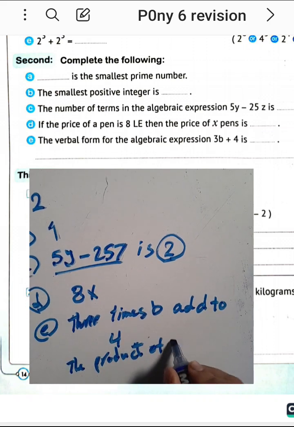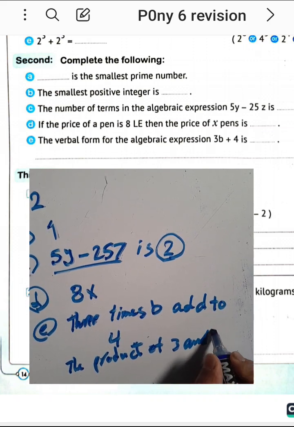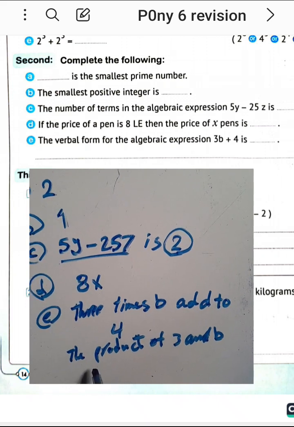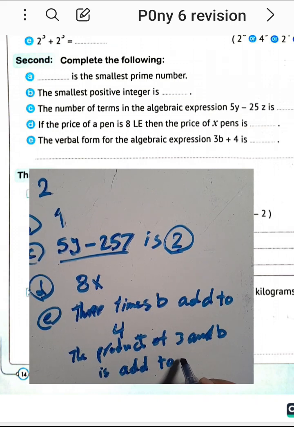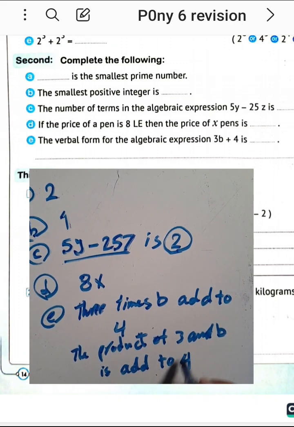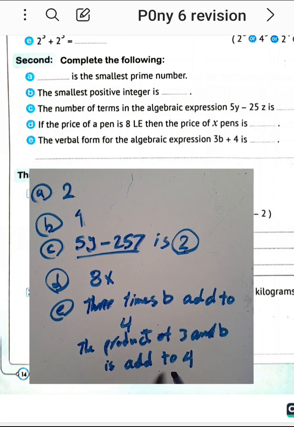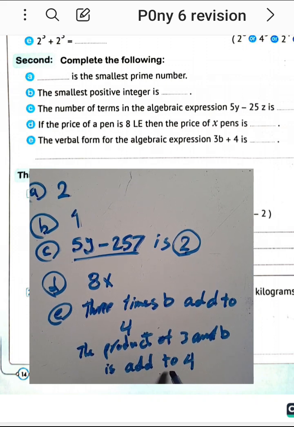Or the product of 3 and b increased by 4.